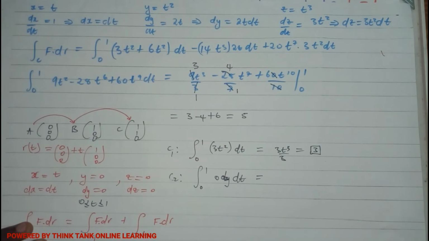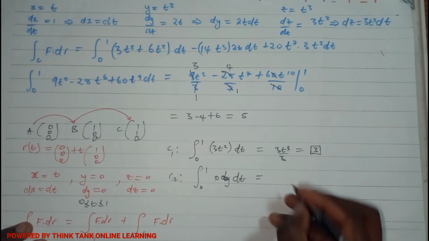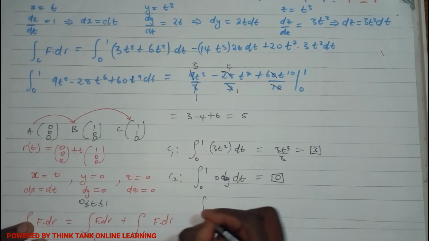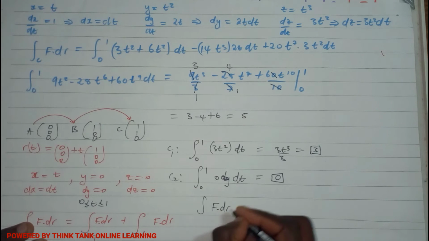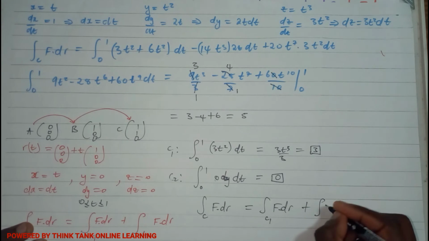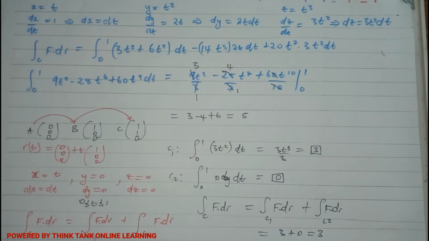If you integrate 0, you get 0. So the line integral of F dot dr along C is F dot dr along C1 plus F dot dr along C2, which is 3 plus 0, so 3 is our total answer.